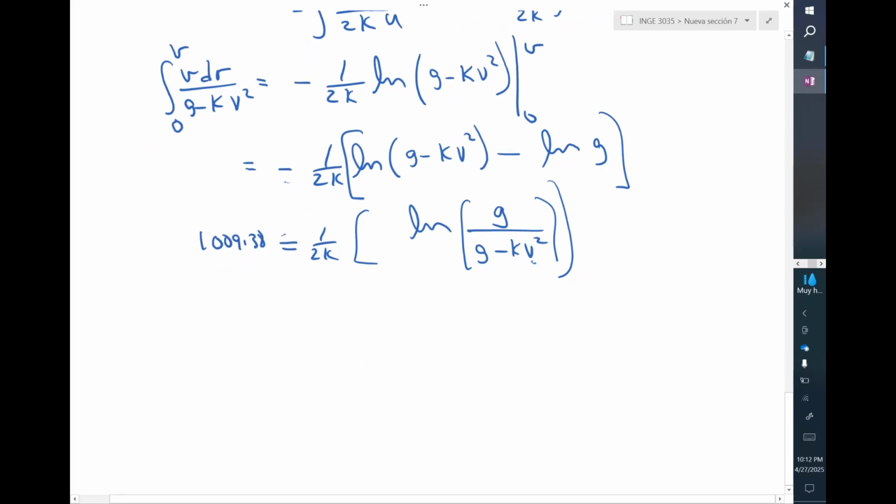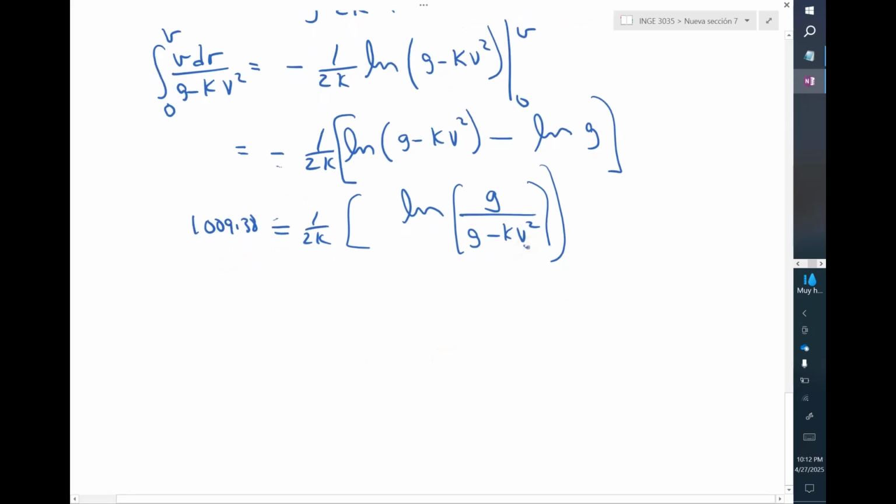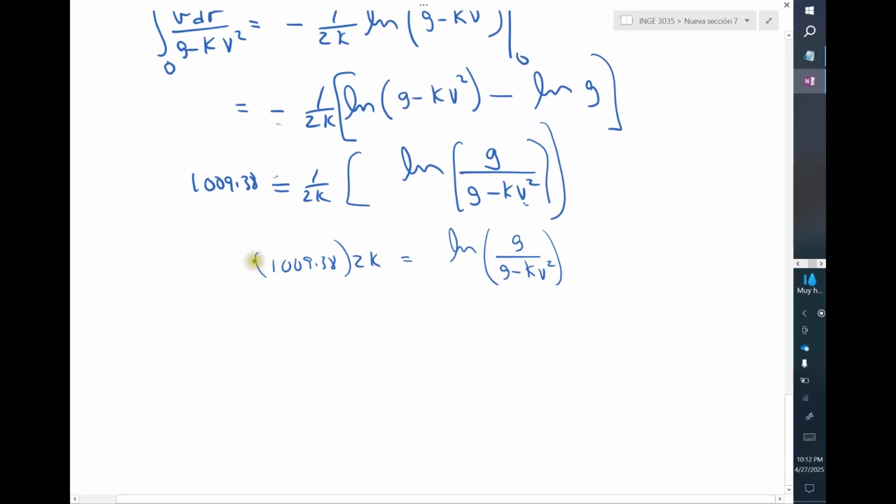So if we work the whole thing against v, it ends up being something like this: 1009.38 times 2k equal the log of g over g minus kv squared. Now let's call this, for the time being, any letter. Let's call that a, just for the sake of the argument.